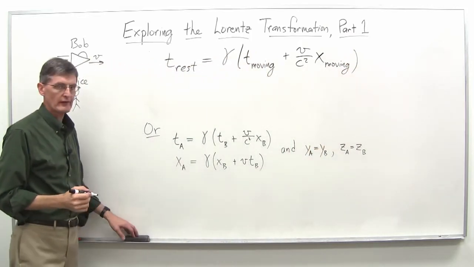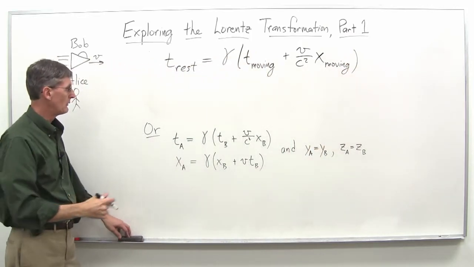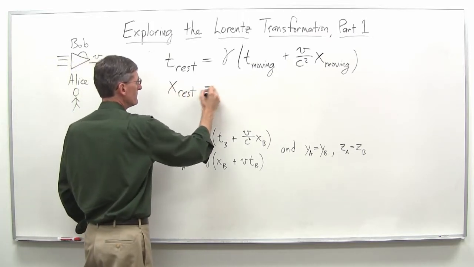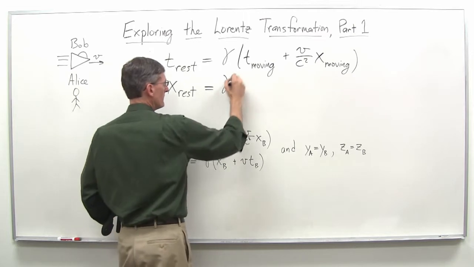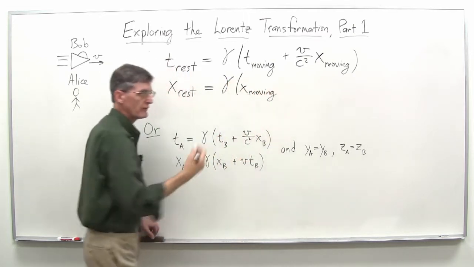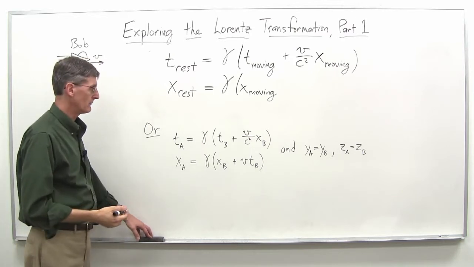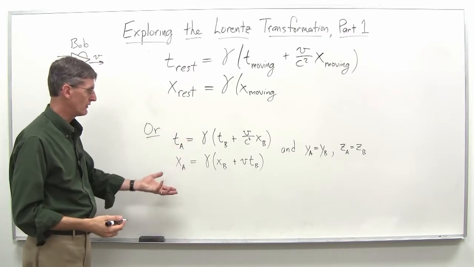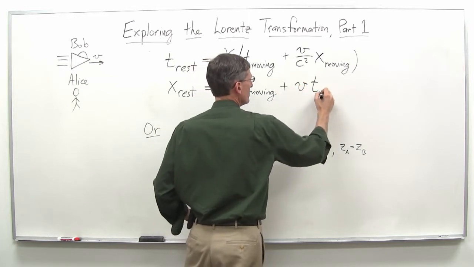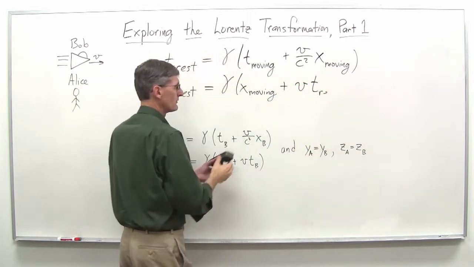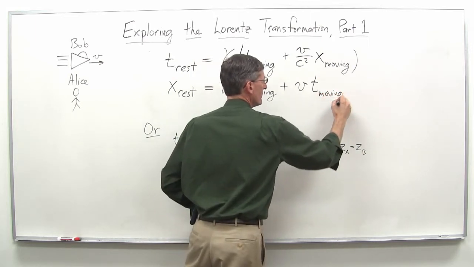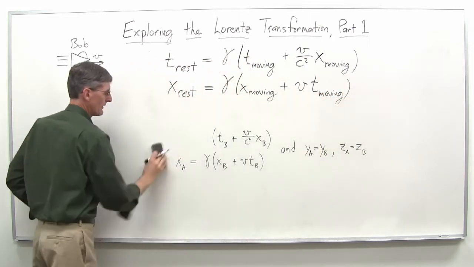In this case that would refer to Bob. And then x rest equals gamma times x in the moving frame plus v t moving, not rest. Alice is assumed at rest here. Okay, so we got that.